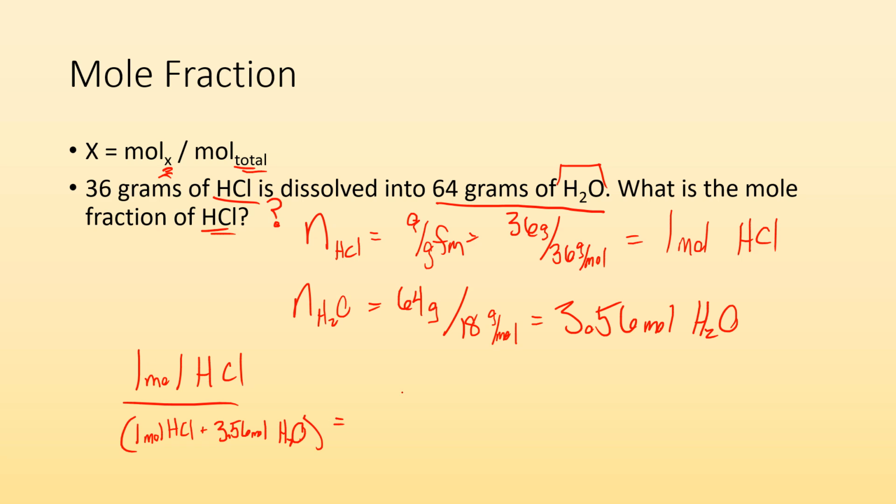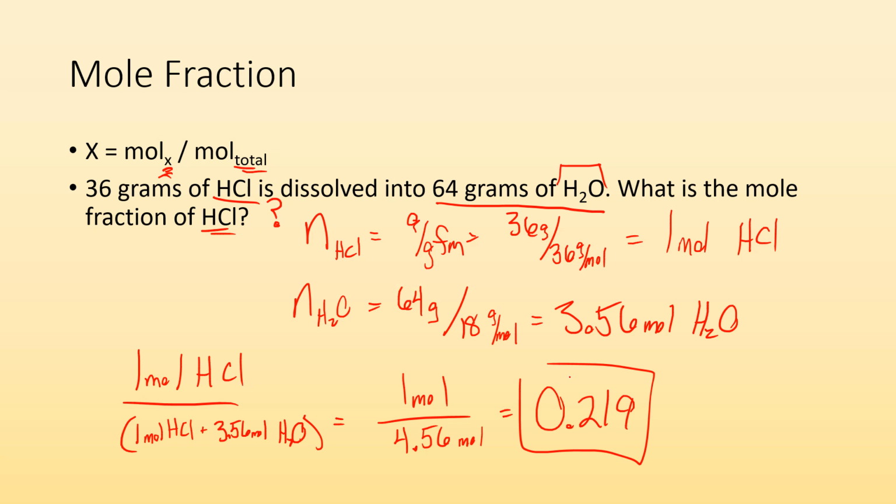So I really end up with 1 mole divided by 4.56 moles, and that equals 0.219, and that is my final answer. This one has no units because look what happens. You got moles divided by moles. Moles cancel out. You have no units.